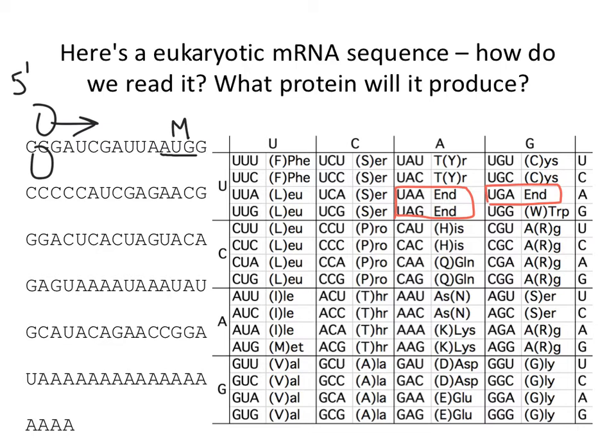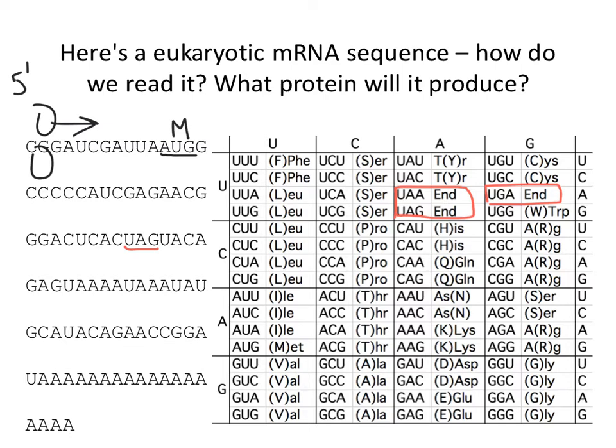Who sees a stop codon? Over here. They all start with U. UAA, UAG, UGA. When you spot one, tell me which line of the sequence it's on. Third. So there's a UAG there.